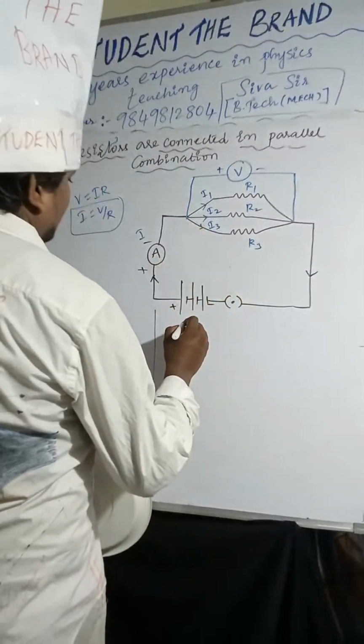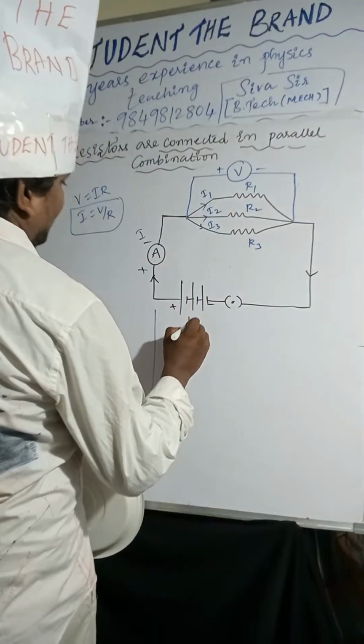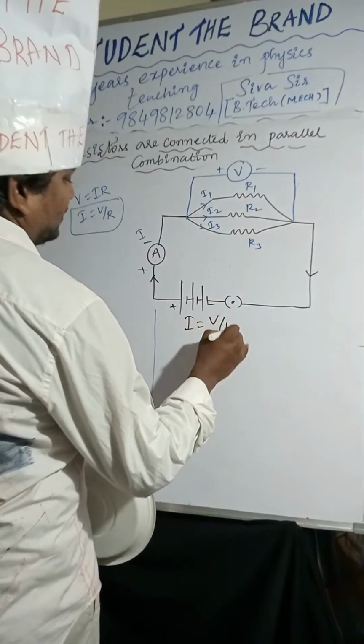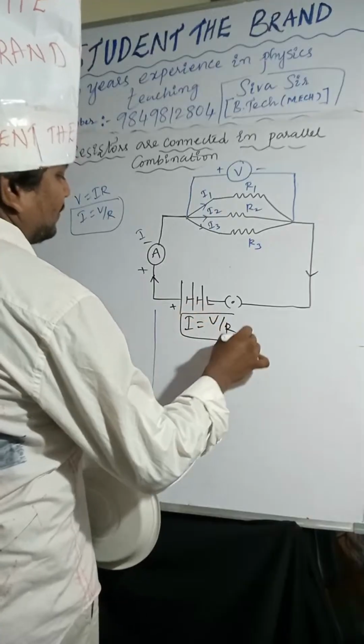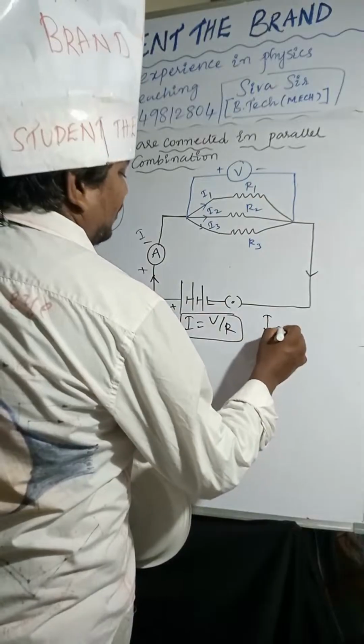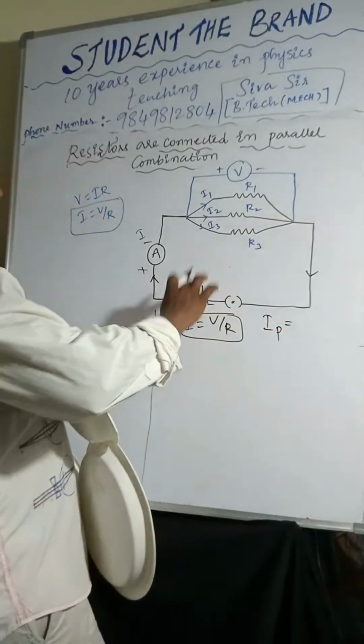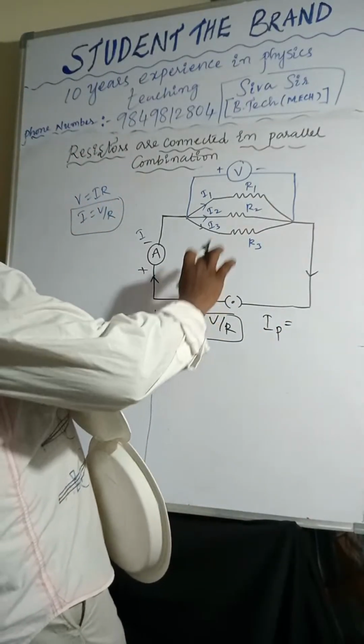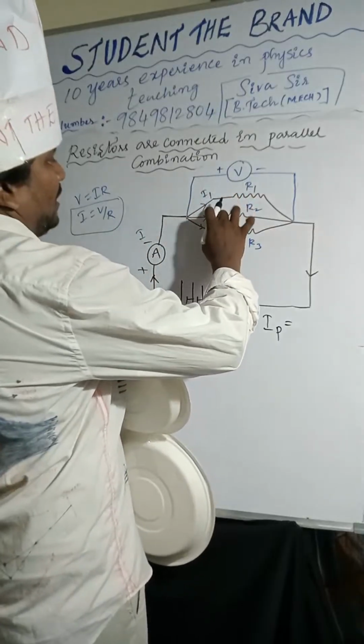From Ohm's law, V equal to IR, I equal to V by R. From this we can take current IP, because whatever current is flowing from the battery is dividing into I1, I2, I3.